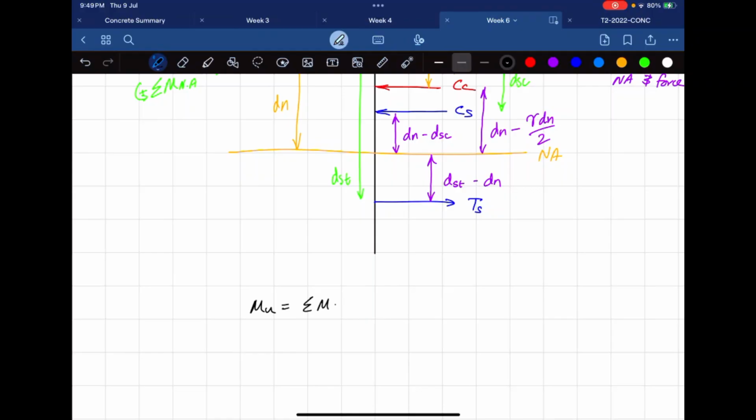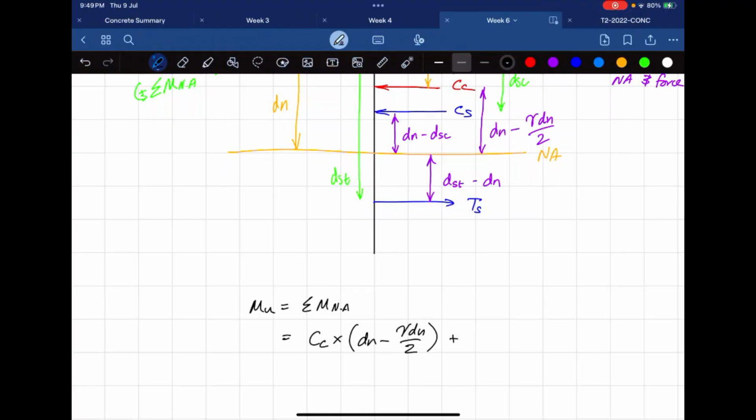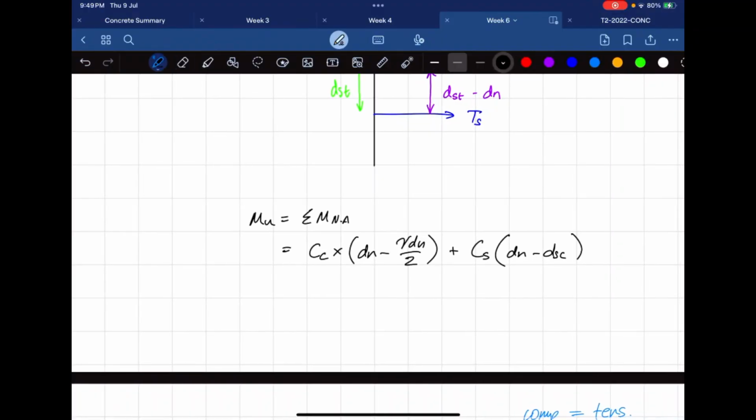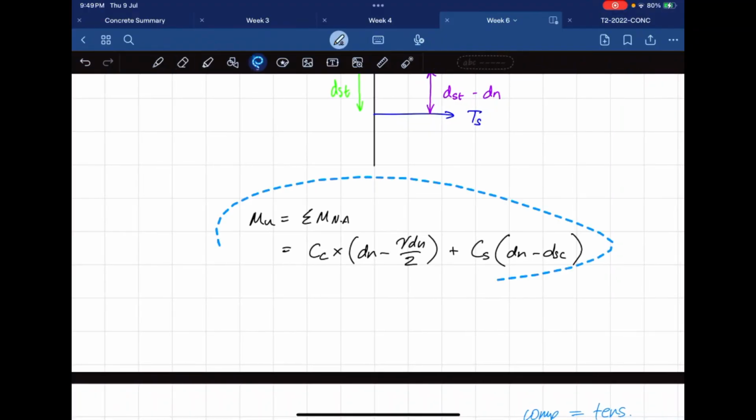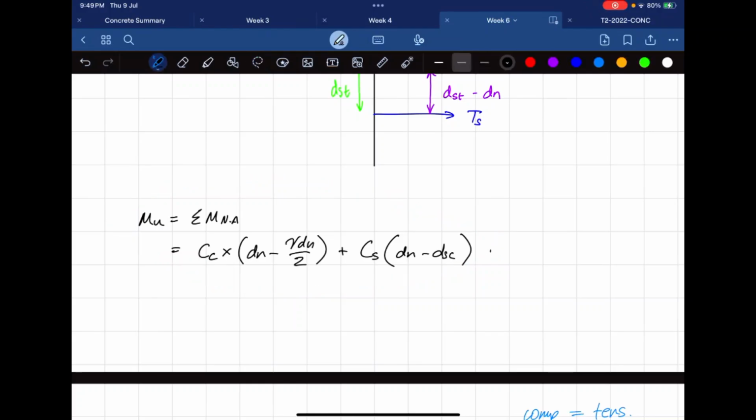And then when you figure out MU, you do the sum of moments about NA, which is going to be: you take the force CC, multiply by the lever arm, which is dn minus gamma dn on 2, plus CS times dn minus dsc, and then finally your TS times dst minus dn.